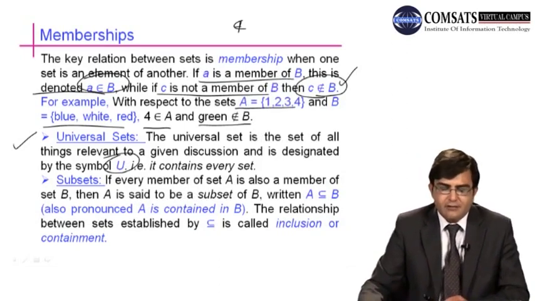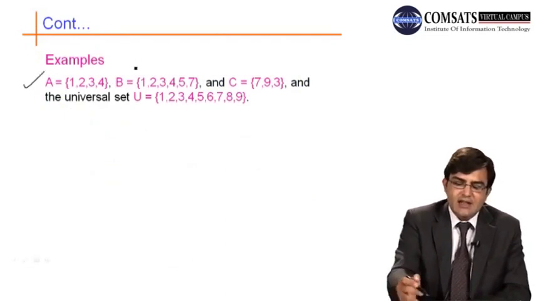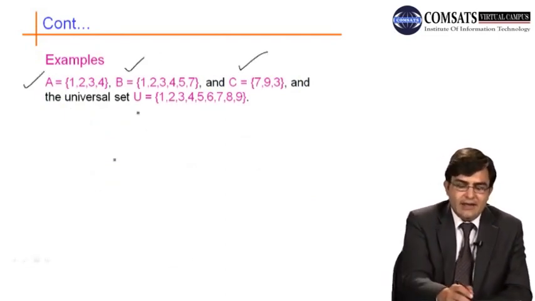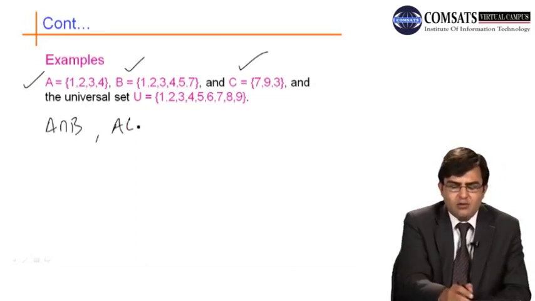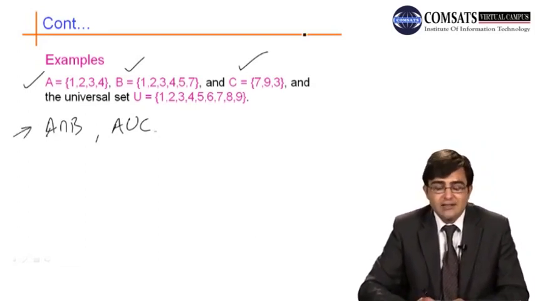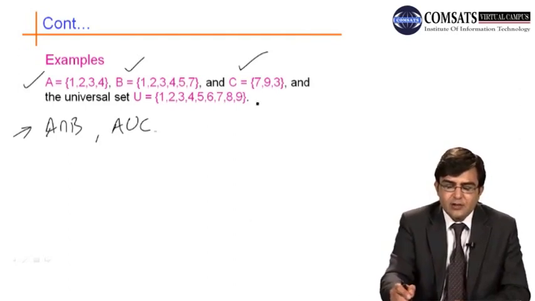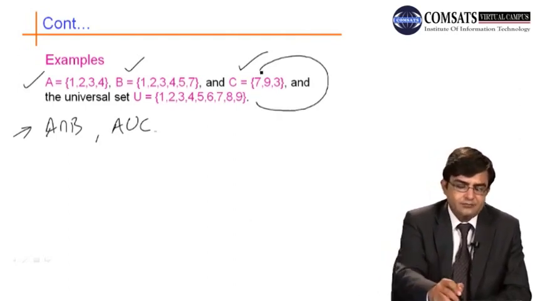For example, if we have sets A, B, C, and we are trying to find A intersection B, A union C, whatever operations we are required to make on these sets, the universal set basically contains all these sets.